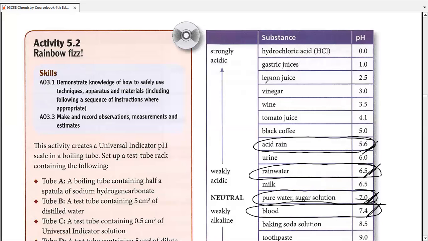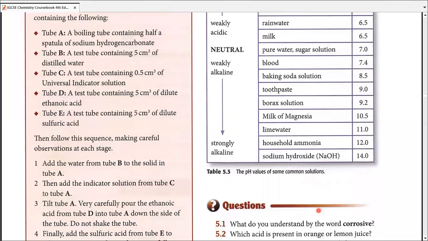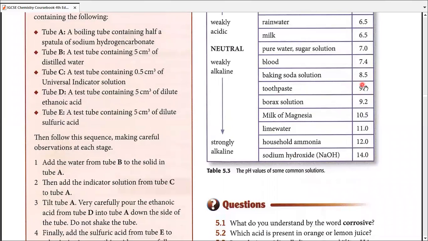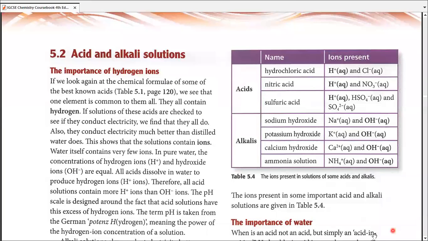And blood has a pH of 7.4, which is very, very slightly alkaline. Now, you would see that as we go down the list, the more strongly alkaline the substance is. Toothpastes are commonly 9 on the pH scale. We use them commonly, and yes, that's the reason why we use them, that they are alkaline.